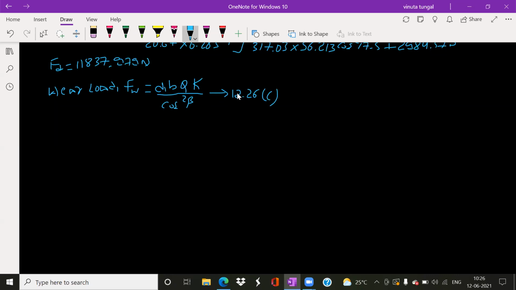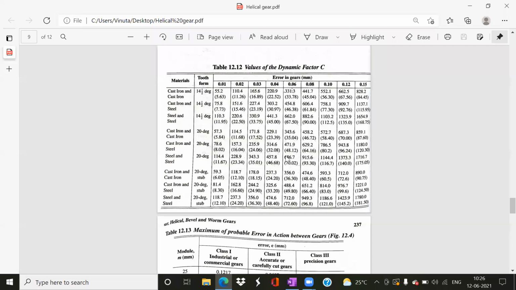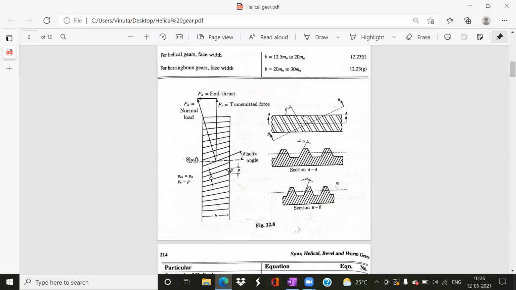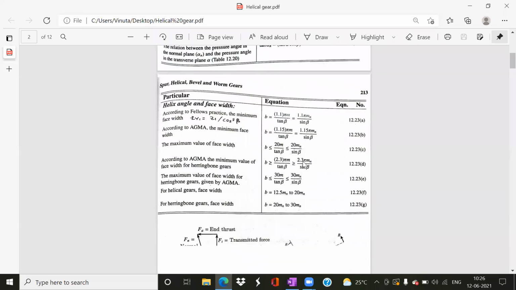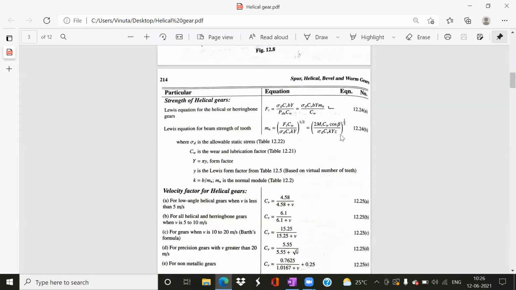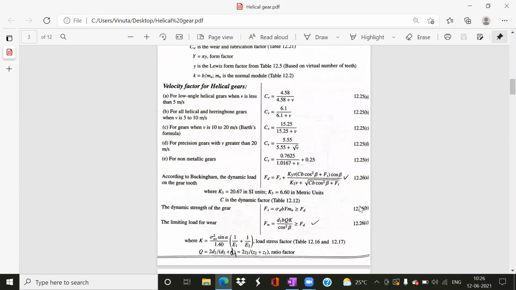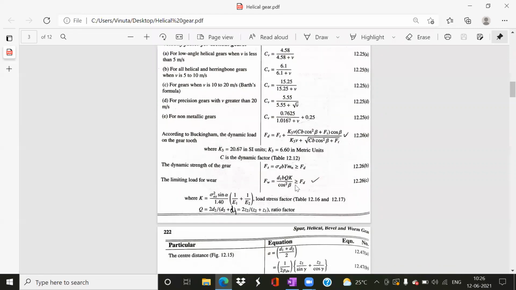I will show you equation 12.26c. Yes, this is the wear load. FW is equal to D1BQK divided by cos square beta.